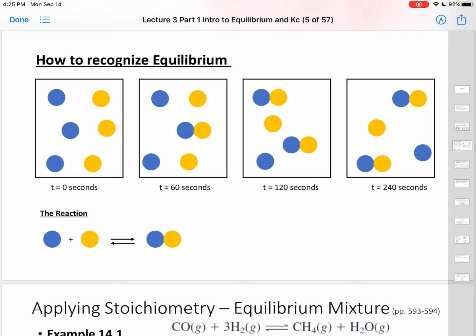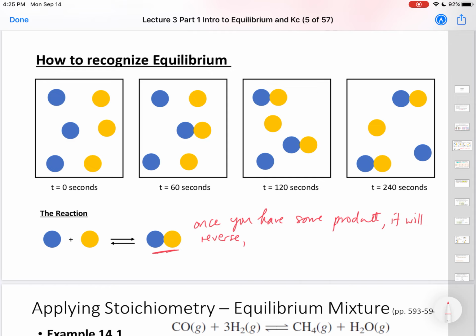Okay, what is also happening once you have this? Once you have some product, okay, it will reverse. Okay, and so the competing reaction is the product breaking apart, right?